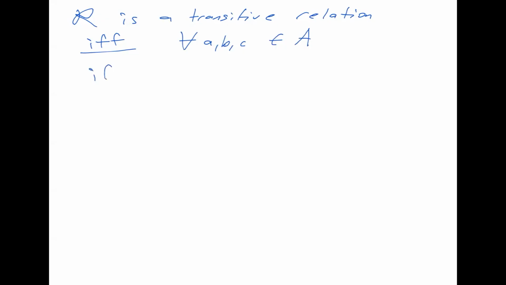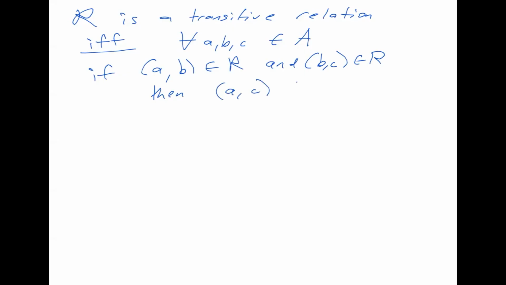If A is related to B, meaning A and B is in the relation, and if B is related to C, as in the relation, then A also has to be related to C. So that means AC has to be in the relation.